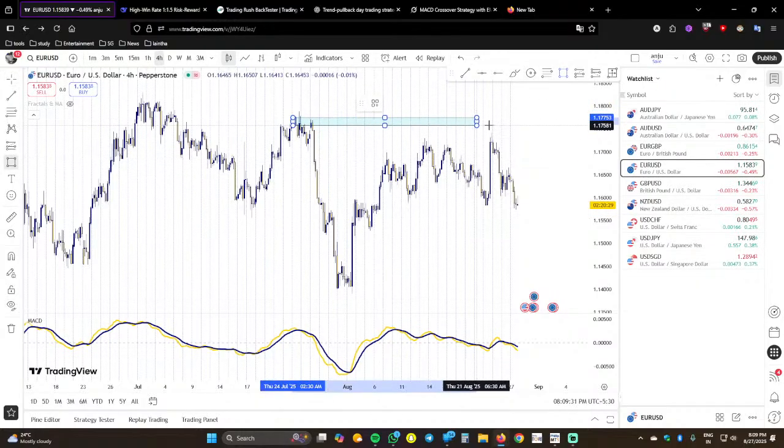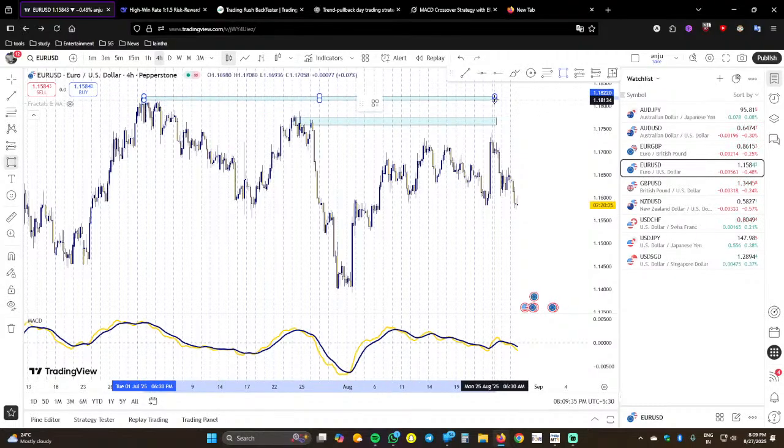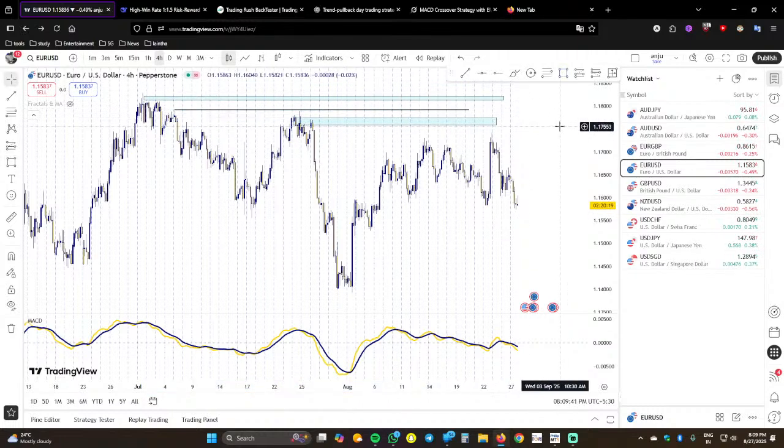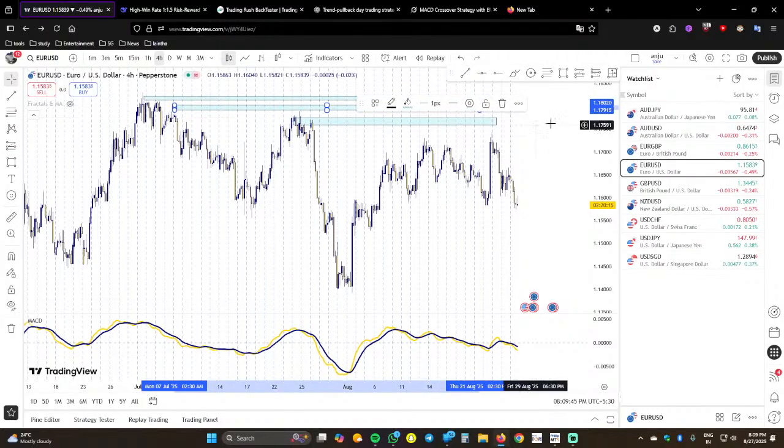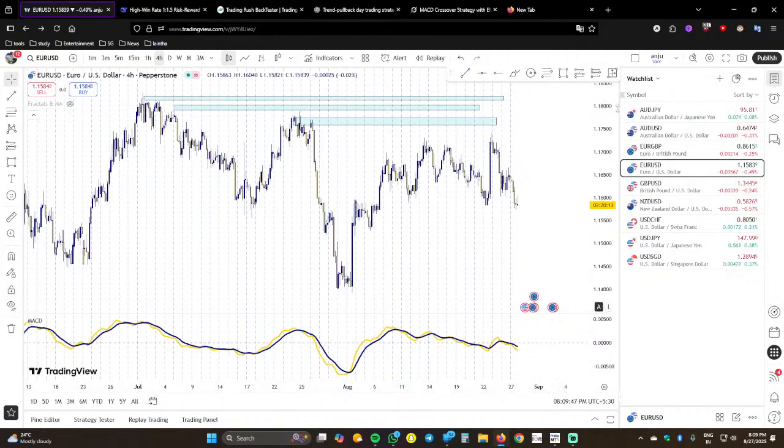This can be your support, resistance. This can be your resistance. I mean, where does it end? This can be your resistance. Where does it end? This can be a great resistance, because if you see, the price is 1.1800.